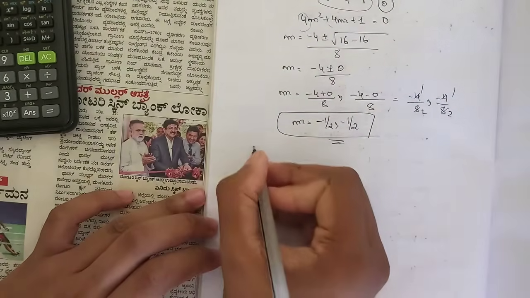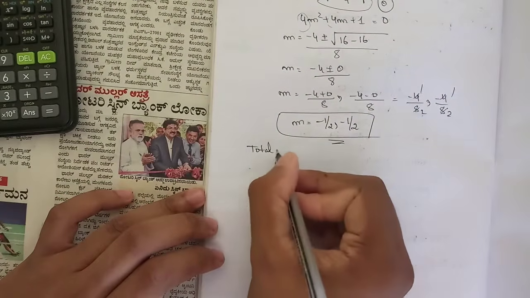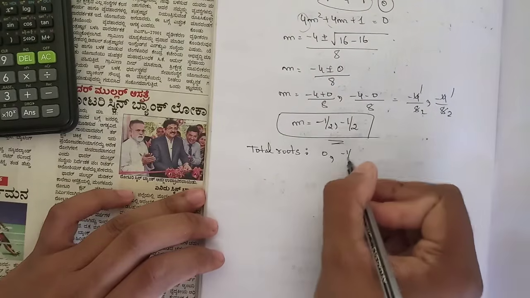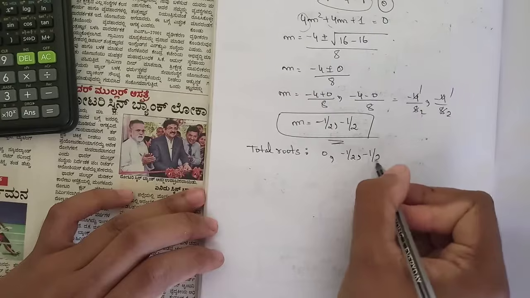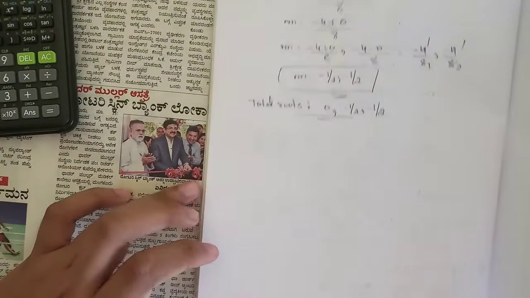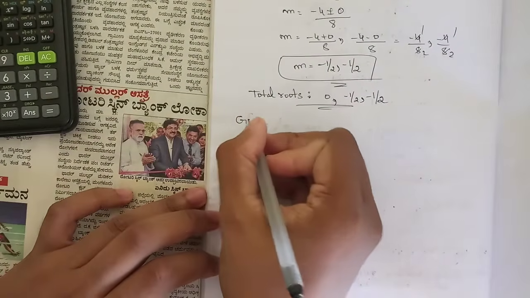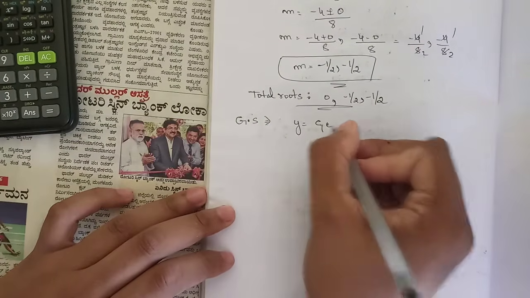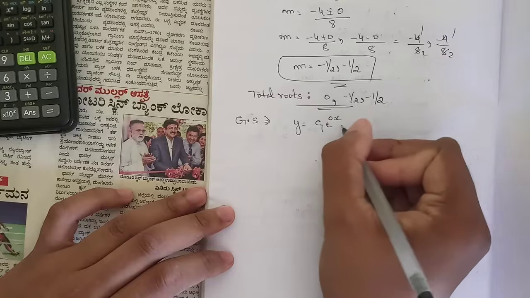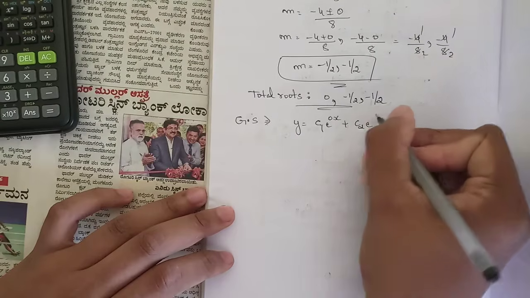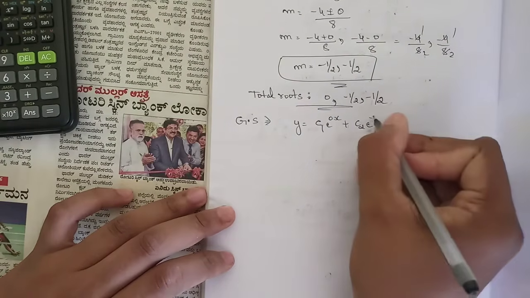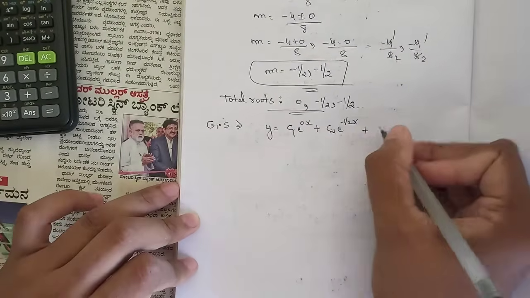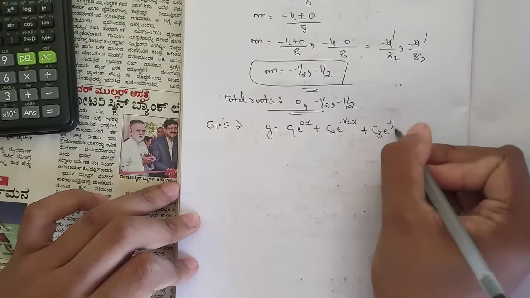Okay, so the total roots which we got here are 0, minus 1 by 2, comma, minus 1 by 2. Using this we need to write the general solution. y is equal to c1 e to the power 0x plus c2 e to the power minus 1 by 2 x plus c3 e to the power again minus 1 by 2 x.